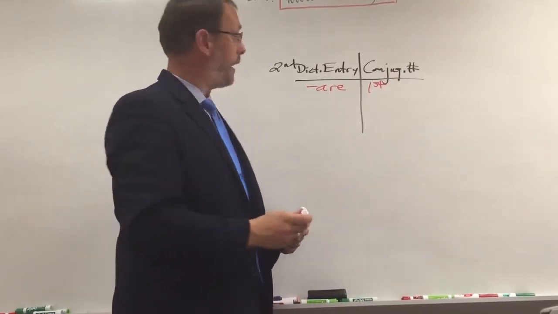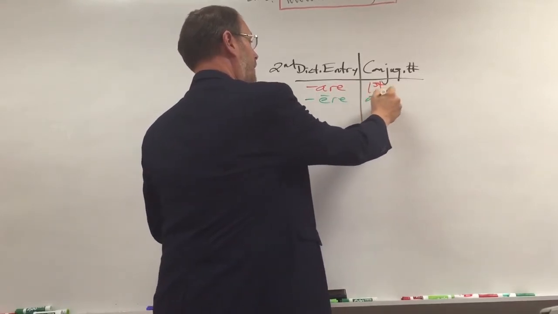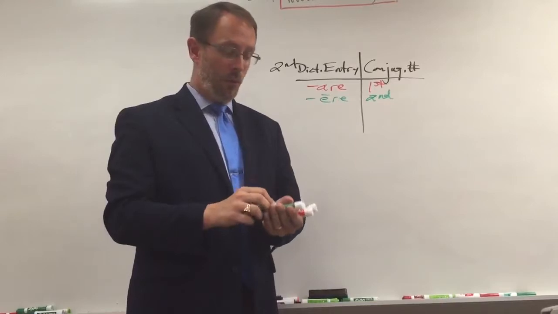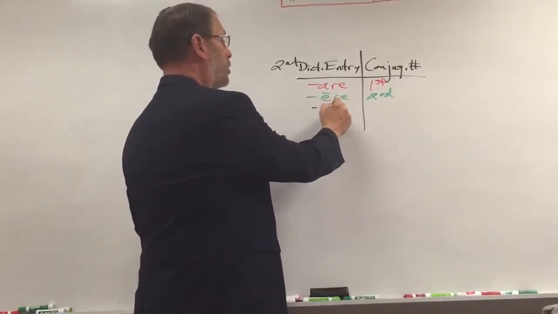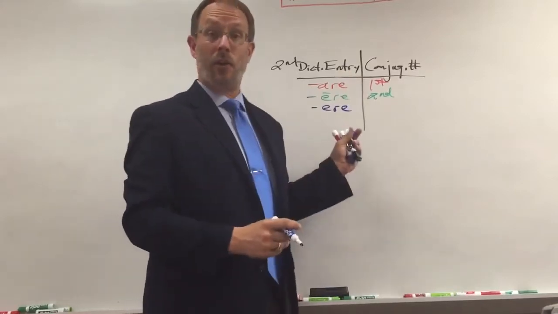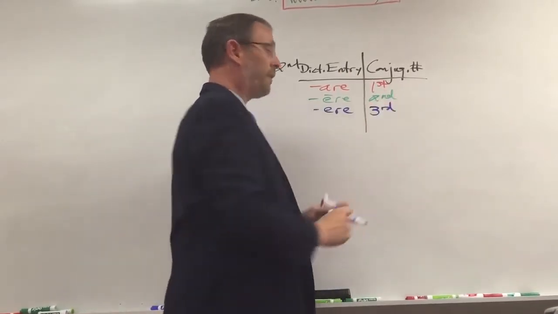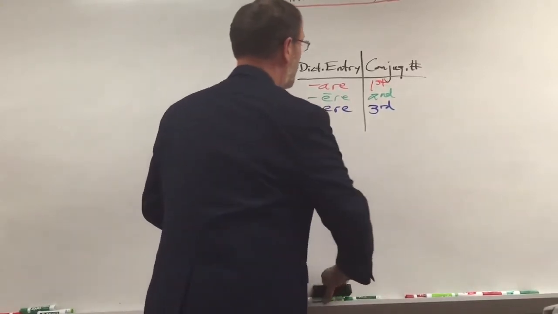If the second dictionary entry ends in long ERE, that's a second conjugation verb. And the reason that long E is important is because verbs whose second part ends with a short ERE, or ERE without a long mark, those are third conjugation verbs. And that's what we want to talk about today, is third conjugation.